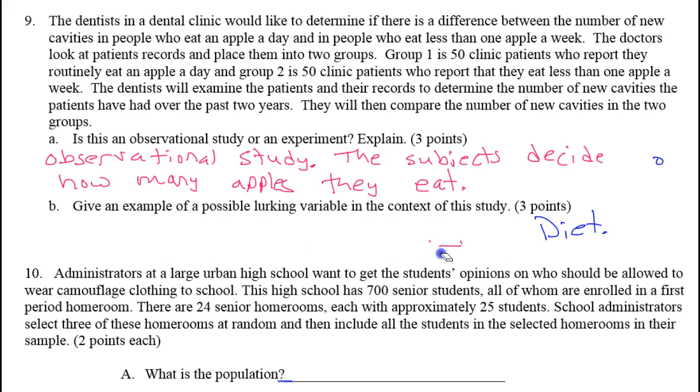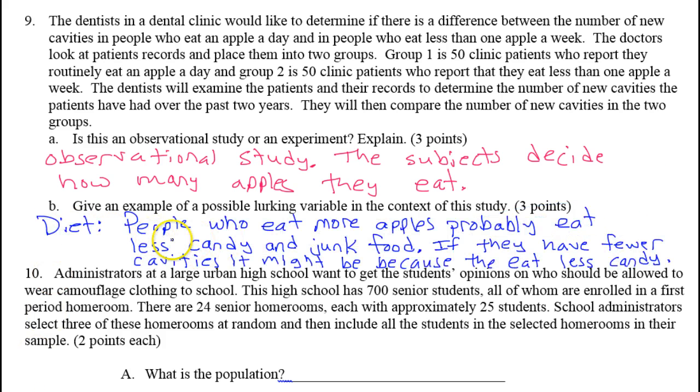It's very likely. You're eating fruit. You're health conscious. So diet would be a lurking variable. So I could say people who eat more apples probably eat less candy and junk food. So if they have fewer cavities, it might be because they eat less candy, it might not have anything to do with eating more apples.